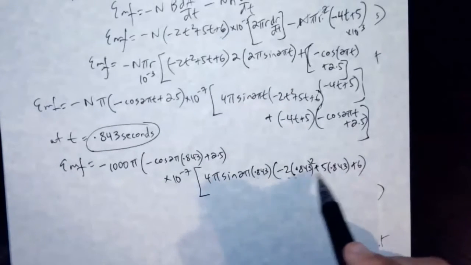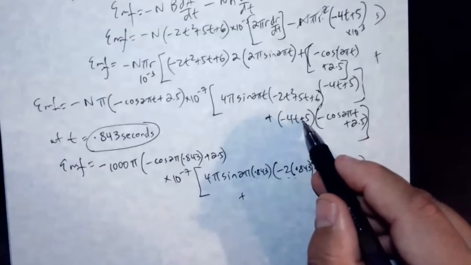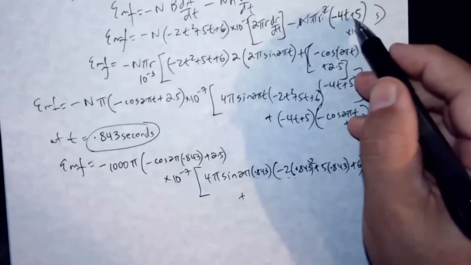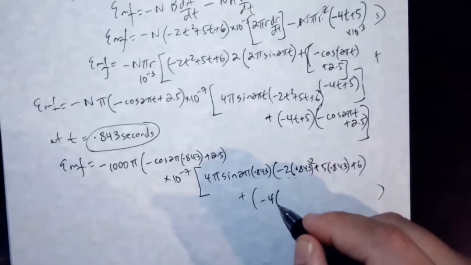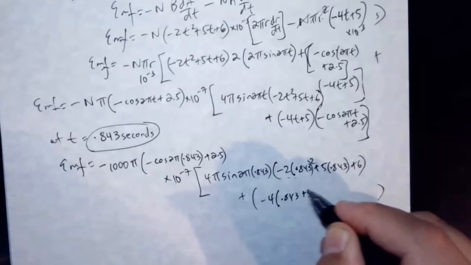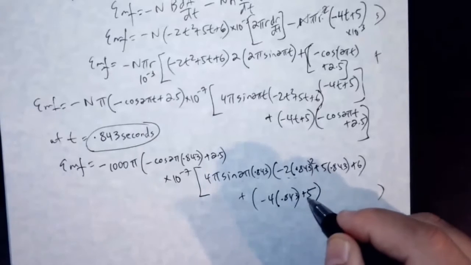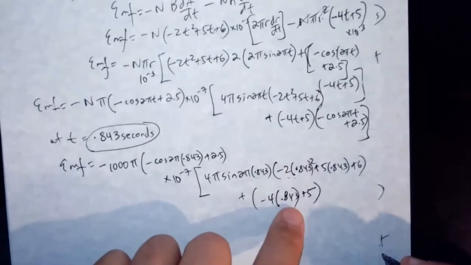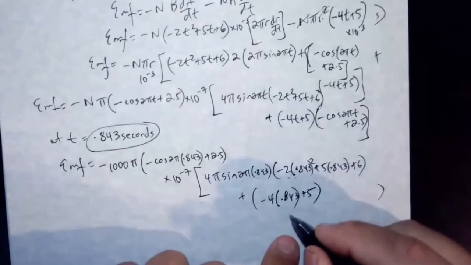4 pi sine, and then this represents the rate of change of the radius at that particular time, dr dt, right? So negative 4 times 0.843 plus 5. Oh, no, this represents the rate of change of the magnetic field, dB dt. So 0.843 times that times the radius.